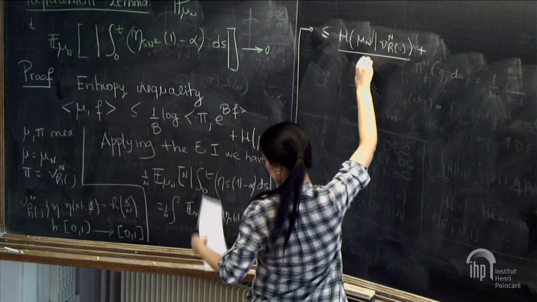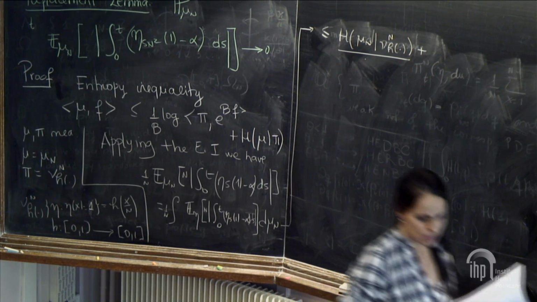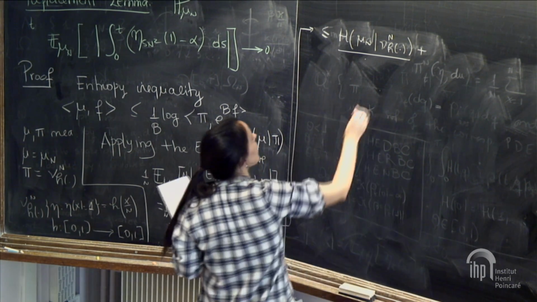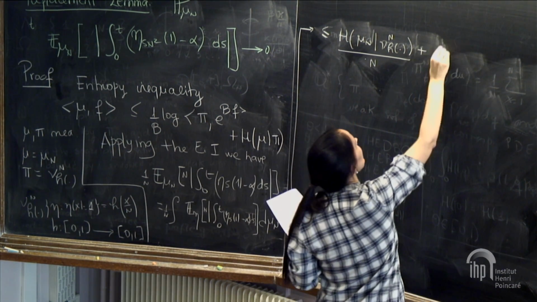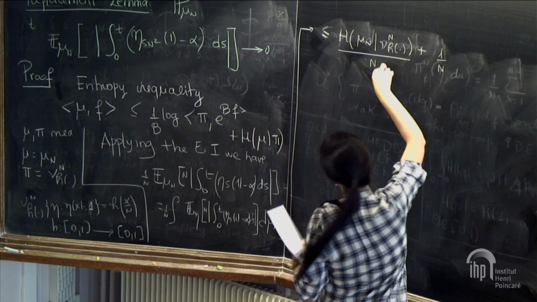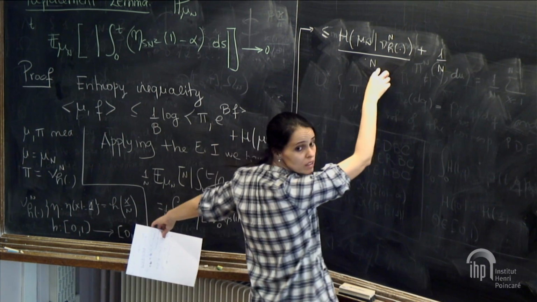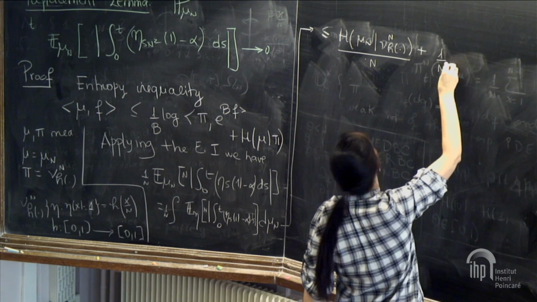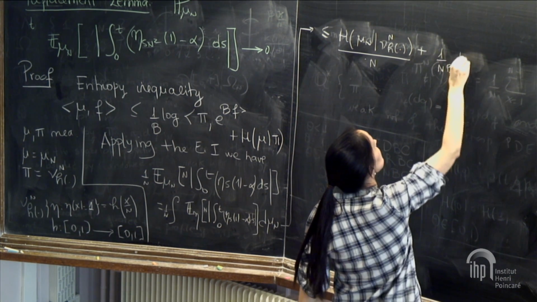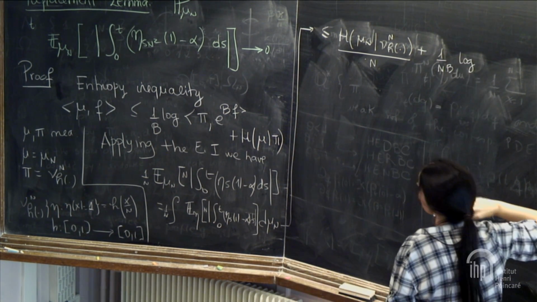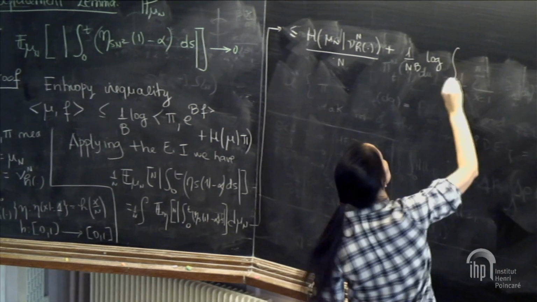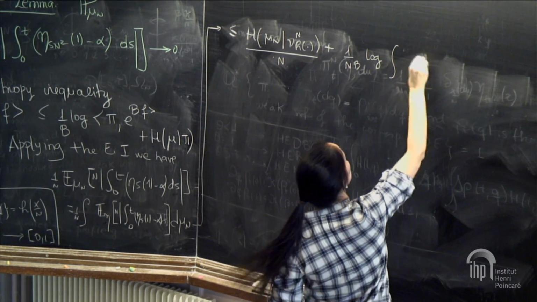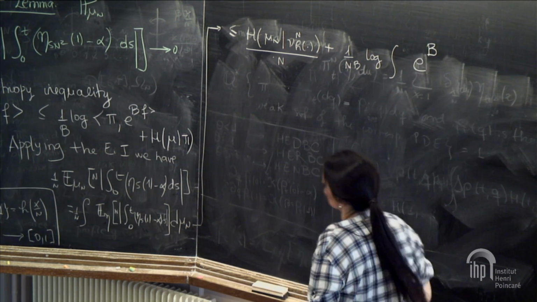Didn't I forget a b? No? Okay. So here I have an n, and here I have 1 over n. So this n that I'm putting here is this guy which is out. Okay? And here I have 1 over n times b, the log of the integral. The integral of what? Exponential times the function.